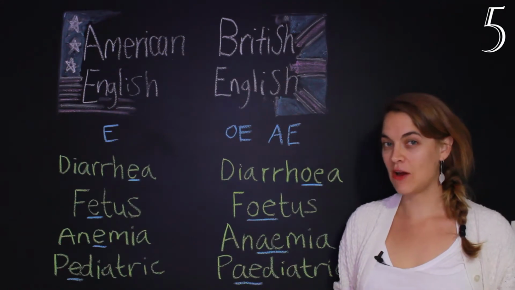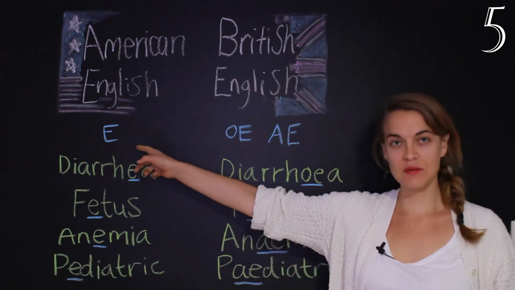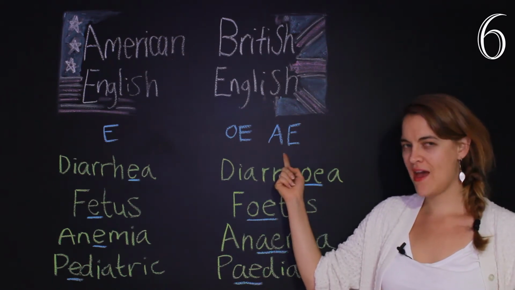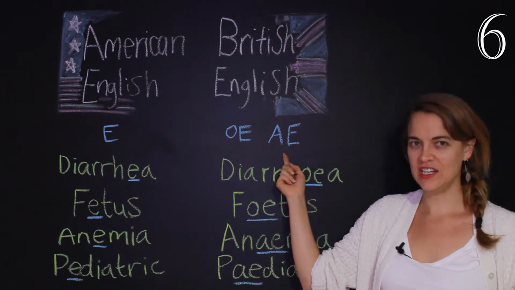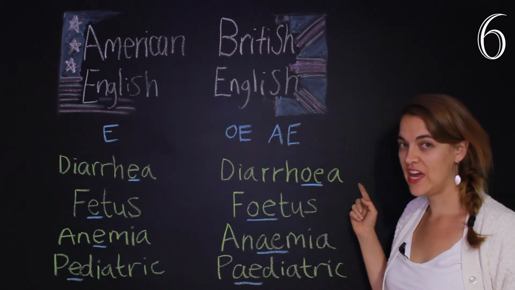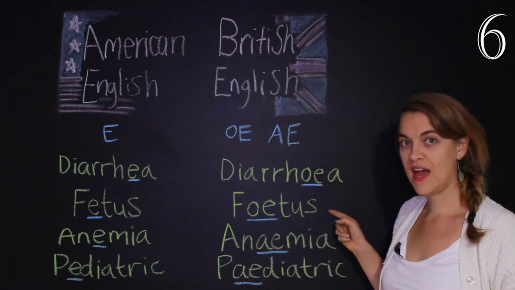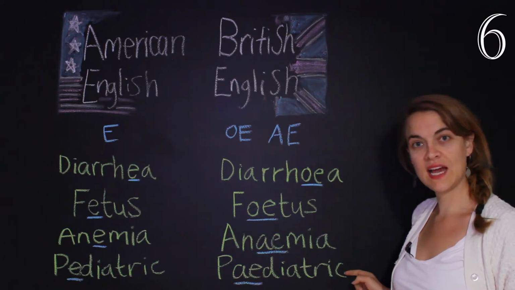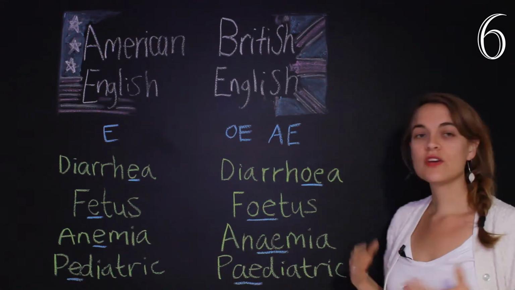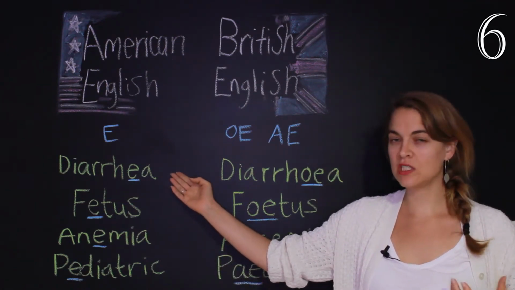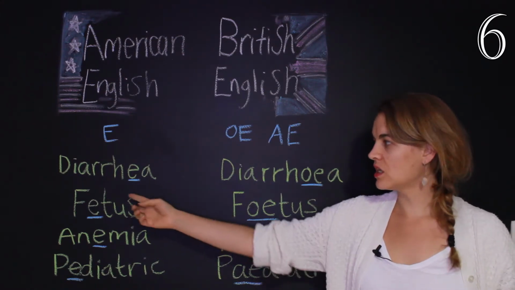So here's another example, using the letter E in American English and using these two pairs of letters in British English. Let's see the examples. Diarrhea, diarrhea. Fetus, feto. Anemia, anemia. Pediatric, pediatrico. So you see in American English, the spelling is actually very much like the sound of the word.